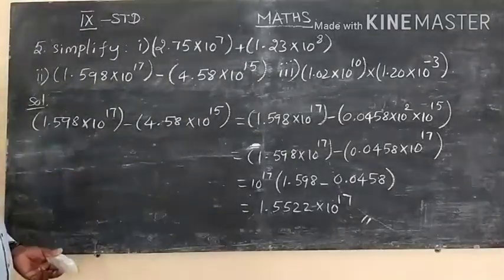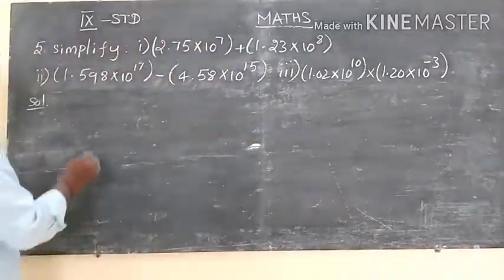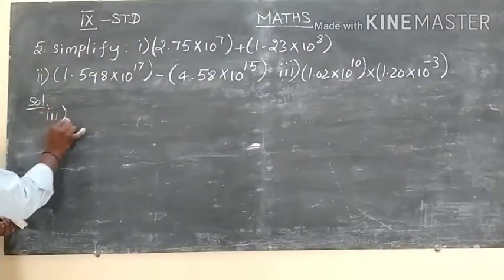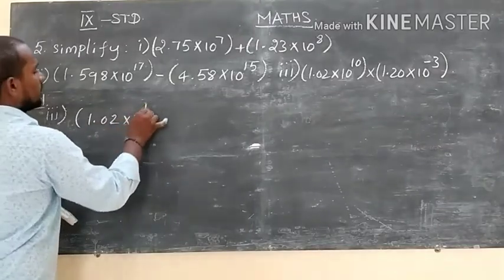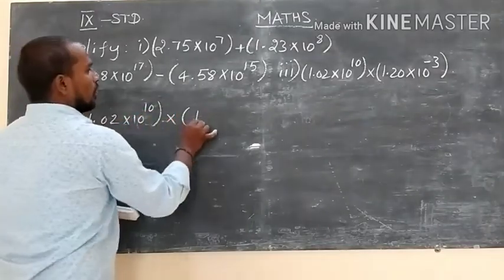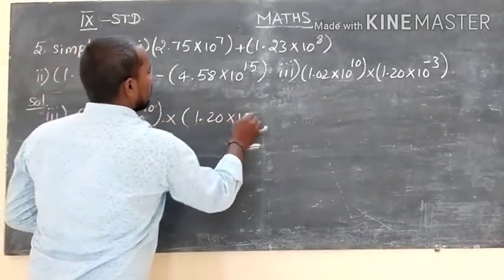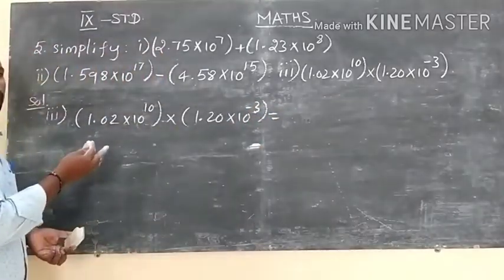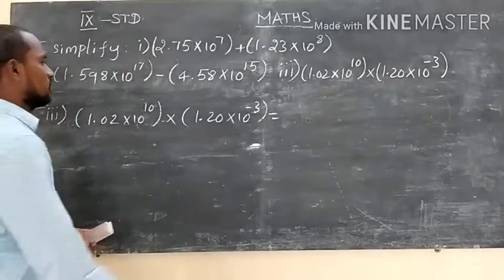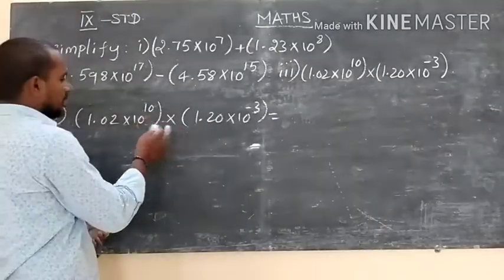I understood. The third question is the multiplication: (1.02 × 10^10) × (1.20 × 10^-3). This is a multiplication. Here there is no need to convert to the highest power, because we directly multiply the numbers.